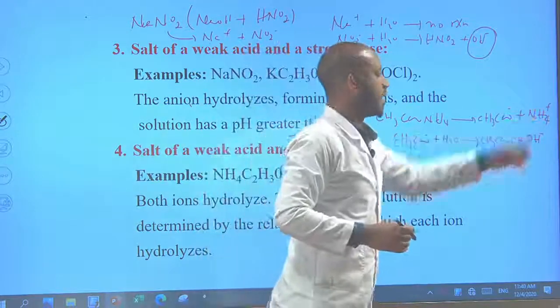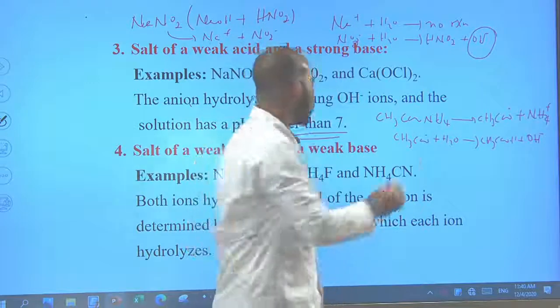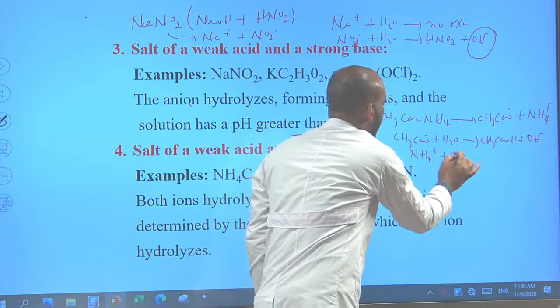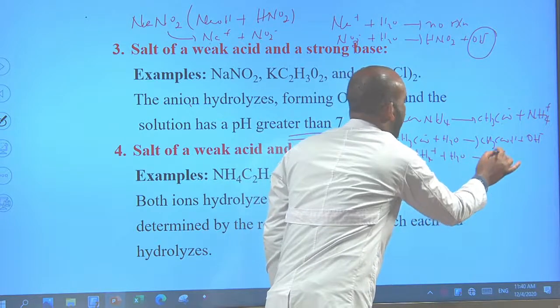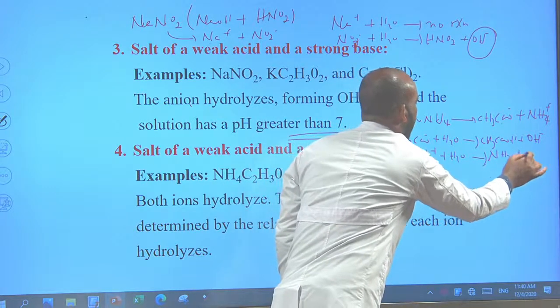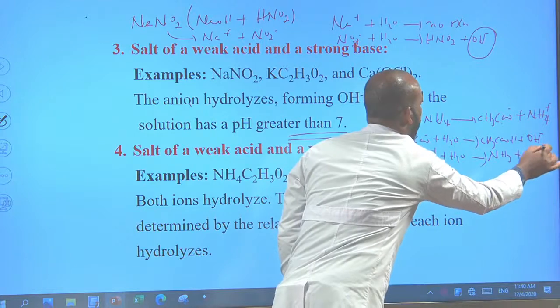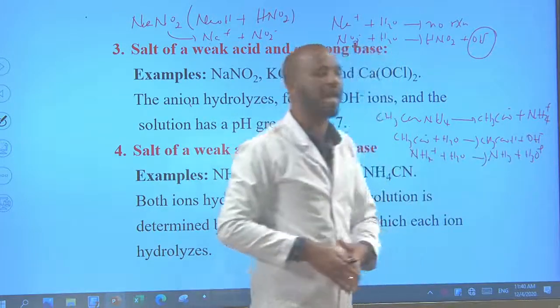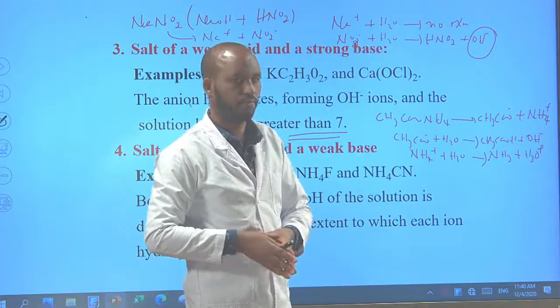Again, NH4 plus can hydrolyze, reacting with water: NH4 plus plus water gives ammonia, NH3, and hydronium ion, H3O plus. Both OH minus and hydronium ion are produced in the solution.